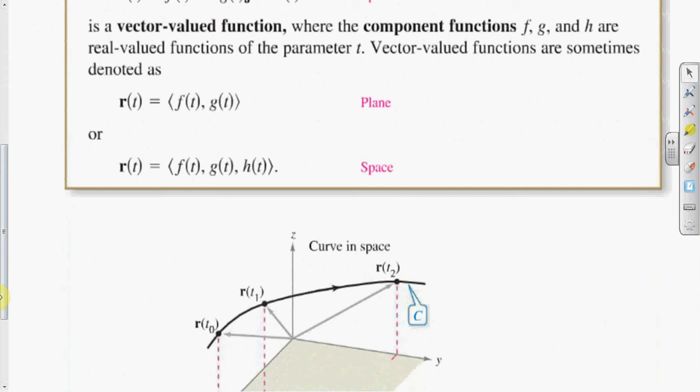It looks like you get this sideways V on either side, and so if you see that, you think the first position is the ith position, the second expression is the jth, and if it's in the space, then you have f of t represents i, g of t times j, h of t times k. So just another way of writing the vector valued function.